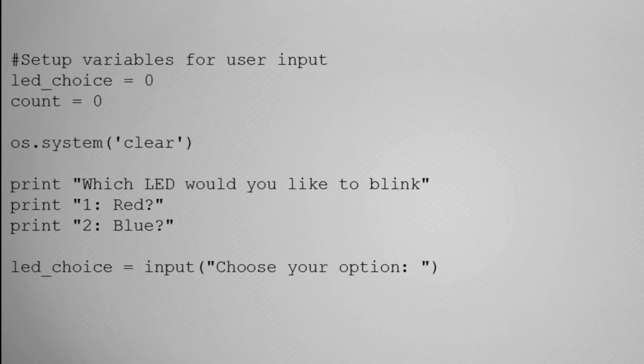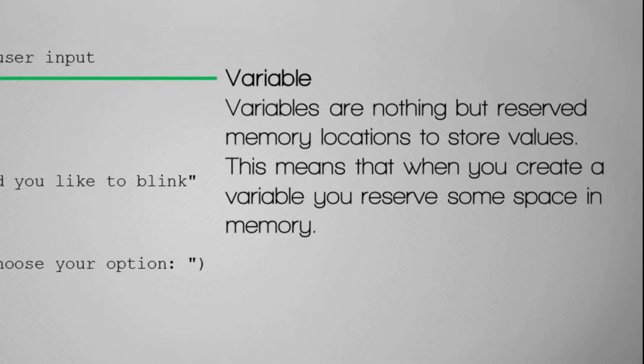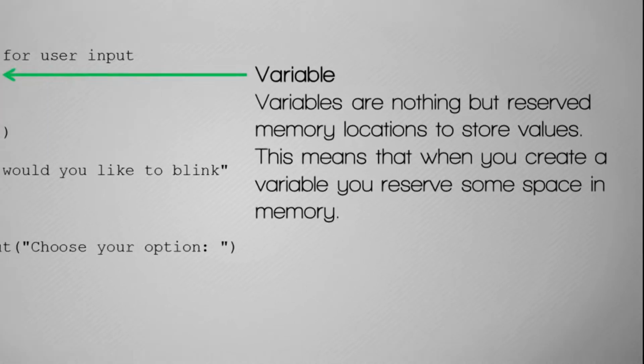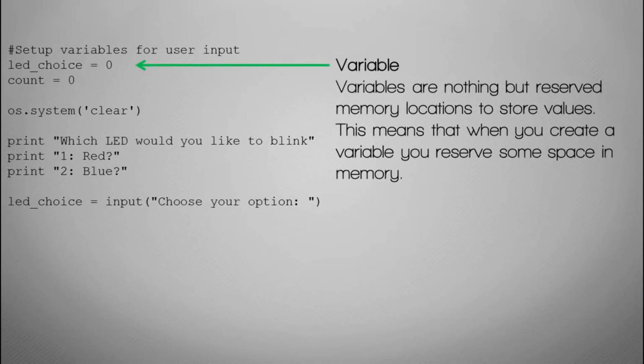So in this snippet of code we're going to introduce the concept of variables. Variables are nothing more than reserved memory locations to store values. This means that when you create a variable, you reserve some space in memory. So this is the 512 megabytes of RAM you have on the Raspberry Pi, and we're going to allocate some of that 512 megabytes of RAM, and we're going to store a number, the number 0, in it.